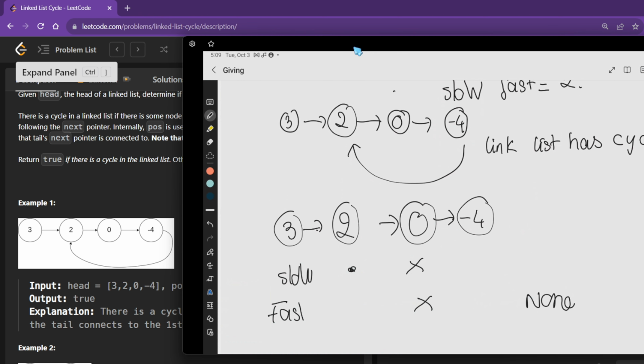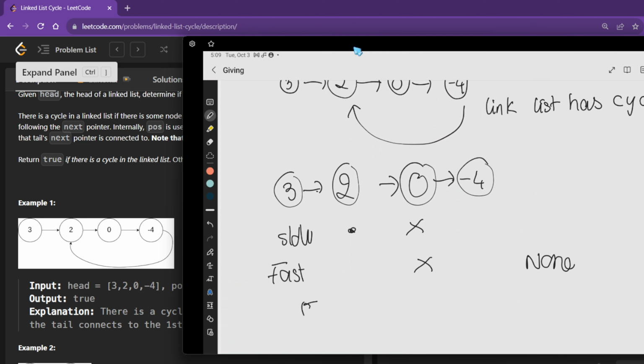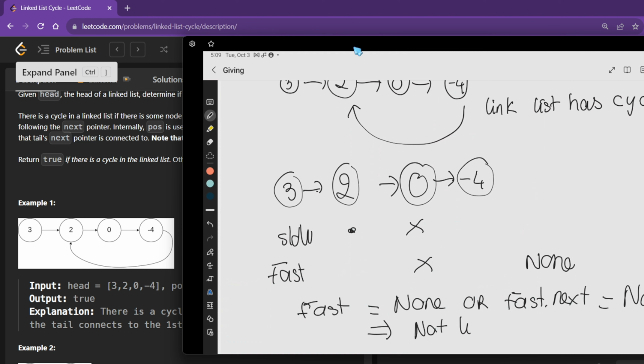So as long as fast equals none or fast dot next equals none as well, then it's not a cycle. This is one of the key points that is pretty important for this question.